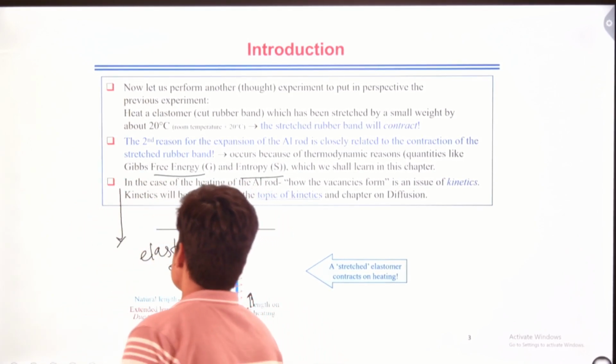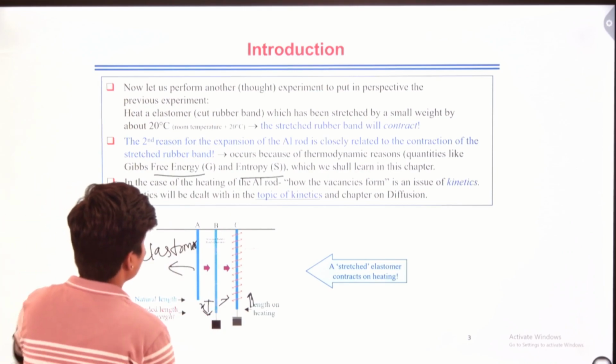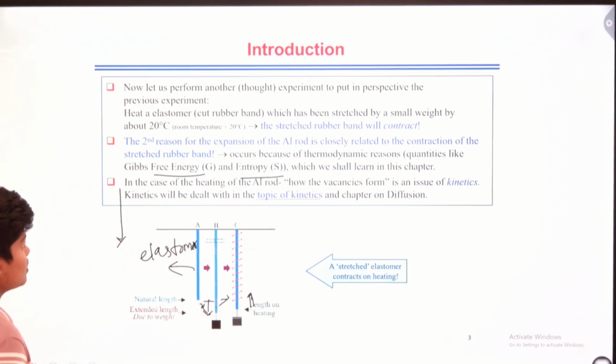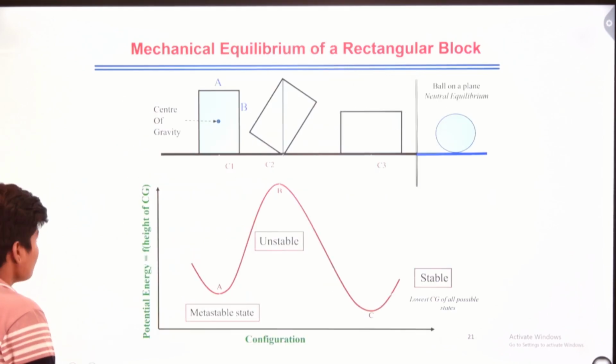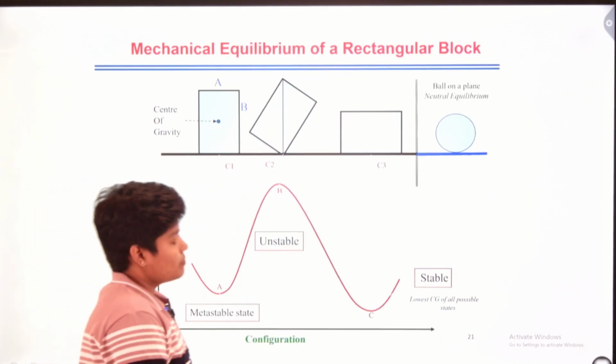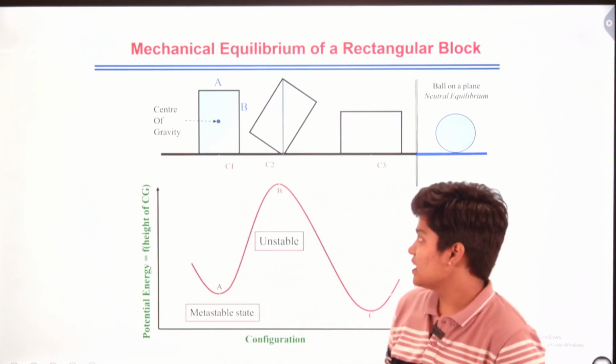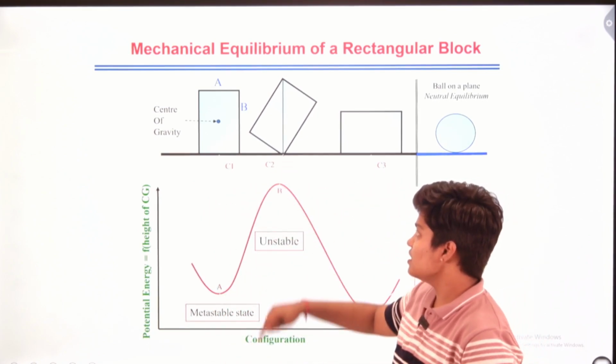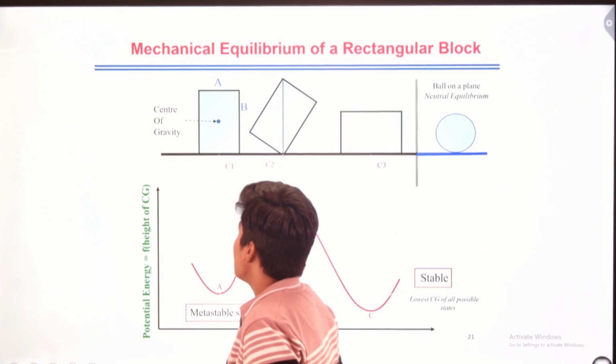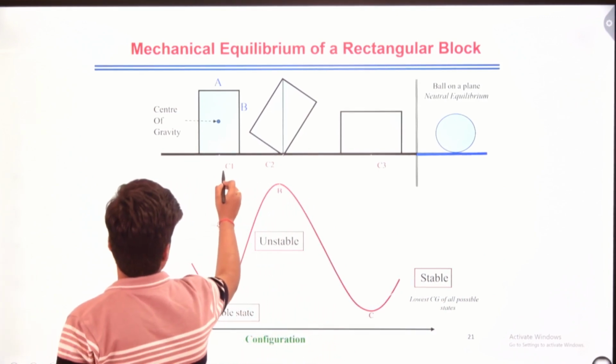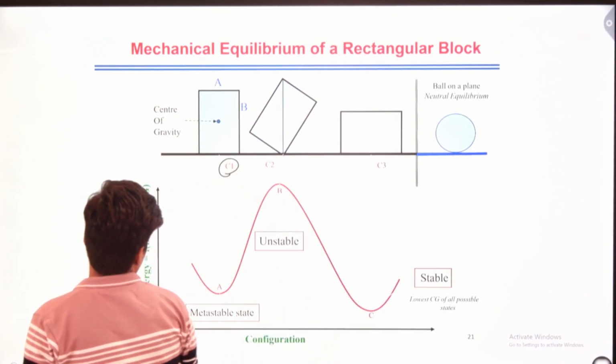So in today's class we will mainly focus on the thermodynamic parameters, what the parameters are, and what the potential is. Now we are going to see some mechanical equilibrium. Let there be a rectangular box, and first it is in the first configuration.